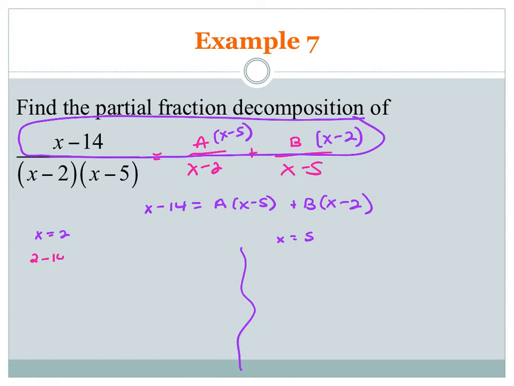So 2 minus 14 equals a times 2 minus 5 plus b times 2 minus 2, negative 12. A times negative 3. This would be 0, and this would be gone. A is 4.